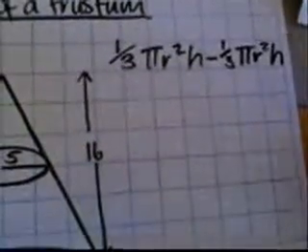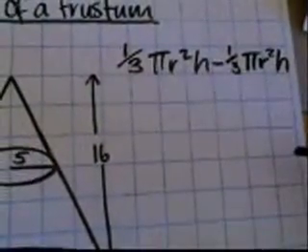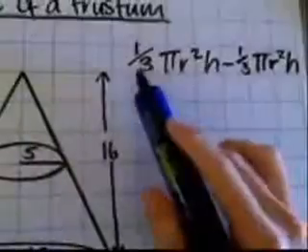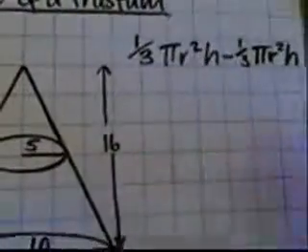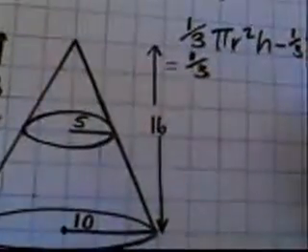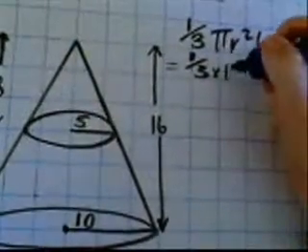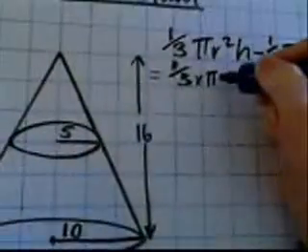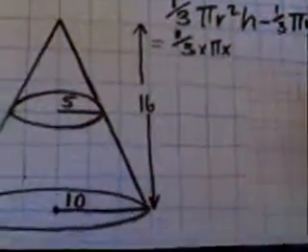Now what we need to do is fill in the formulas with the values we've been given. This is the volume of the larger cone. So again, it's 1/3 by pi, because that never changes, by the radius.